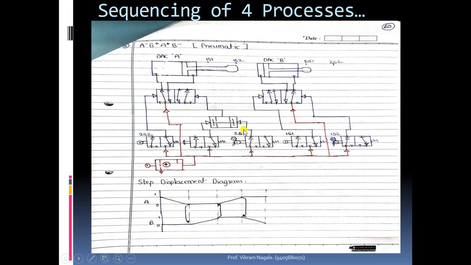Okay, and that will depend upon the position of this rod end. That means here we can see the rod end is initially at 1s2 and the rod end of cylinder B is initially at 2s1.